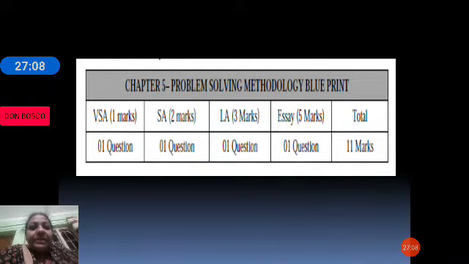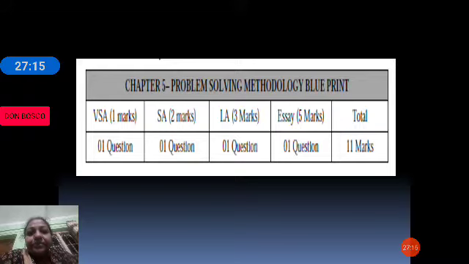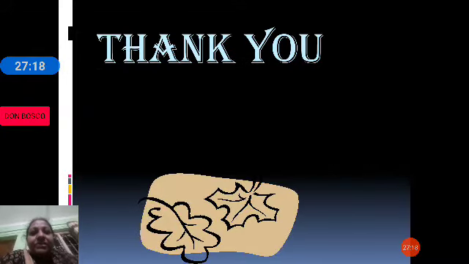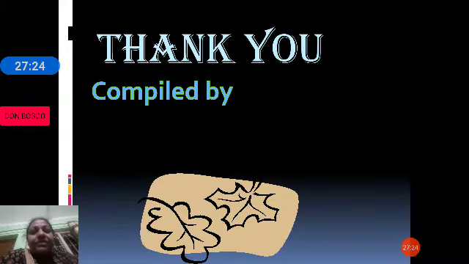This is about problem solving methodology, and it is one of the important chapters as it forms the base for your further studies in the first PU syllabus and also the second PUC syllabus.